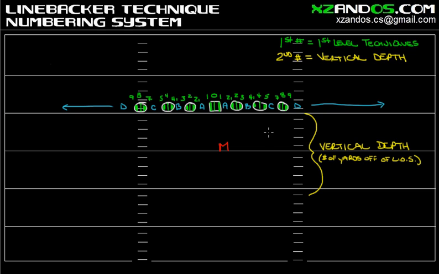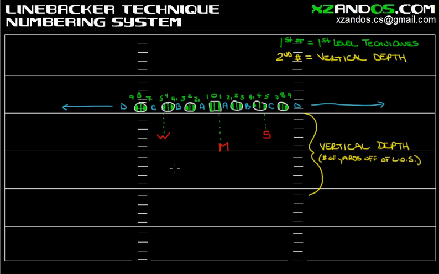Let's say our Sam is somewhere there, and let's say our Will is somewhere there. Again, inside shoulder pad of the defensive player aligned with the outside shoulder pad of the offensive player. And so our technique lines would look something like this.